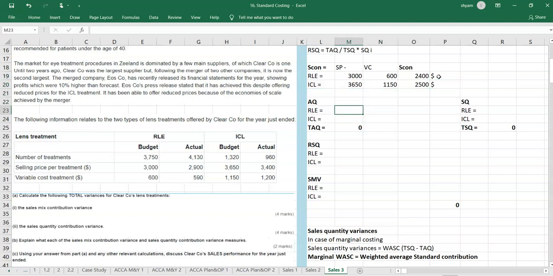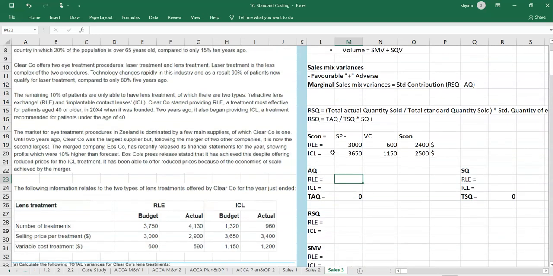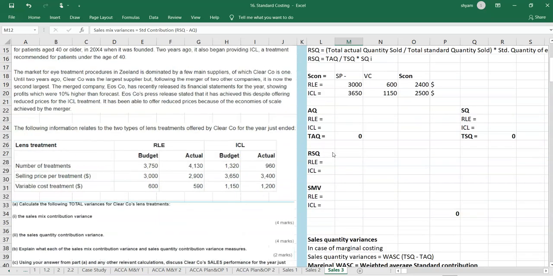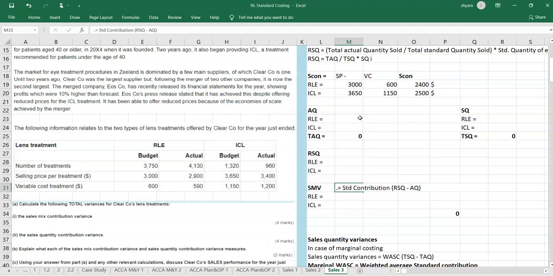Next is actual quantity. We need these numbers because our formula is here. Our formula is sales mix variance equals standard contribution into RSQ minus AQ.